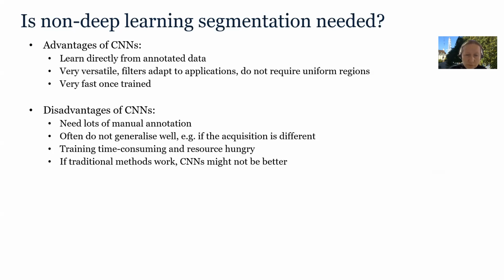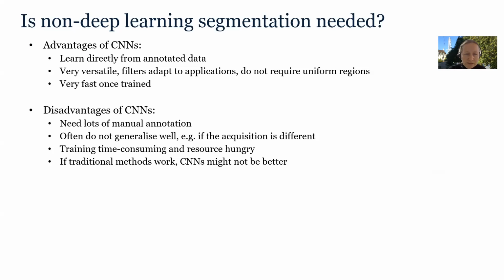So we always have to keep this in mind. Then the training is time consuming and resource hungry, especially for three-dimensional medical data. We usually need a very powerful GPU to be able to train. And finally, if traditional methods perform well, CNNs do not necessarily do better. We actually often see a slight drop in performance.